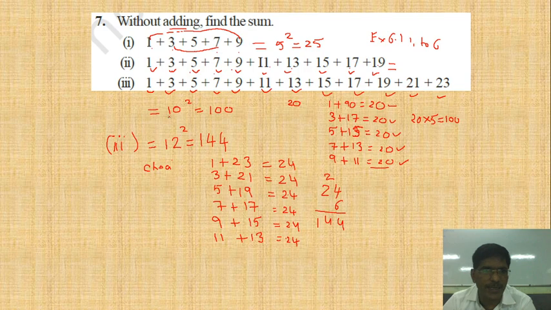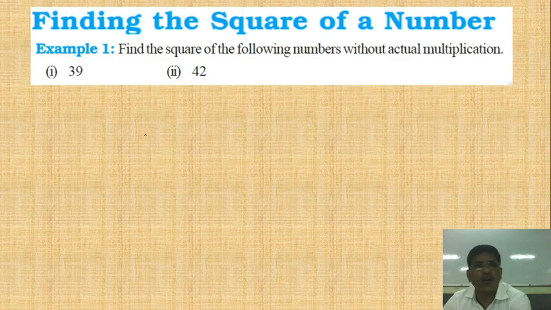You will get the answer. Next, find the square of the number. Find the square of the following number without actual multiplication. So here I am writing 39 squared, 30 plus 9. How can we do it?